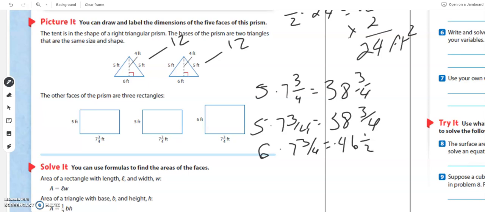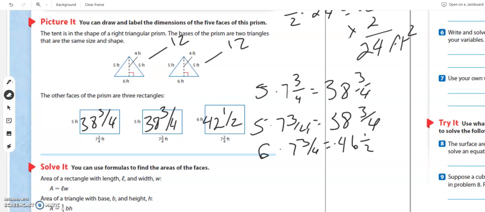So we've got, this is 12, this one is 12, this one is 12, this is 38 3/4, 38 3/4, 46 1/2.